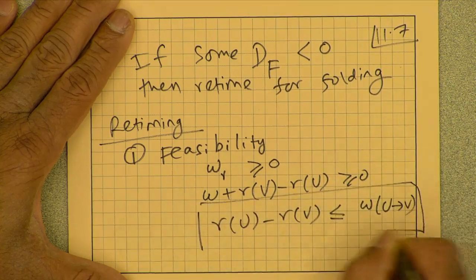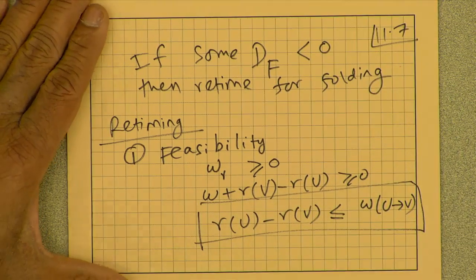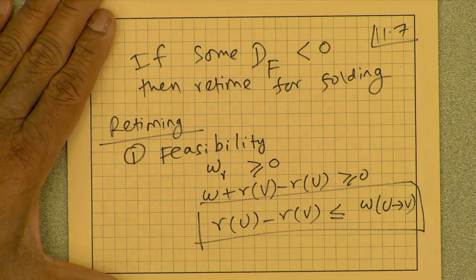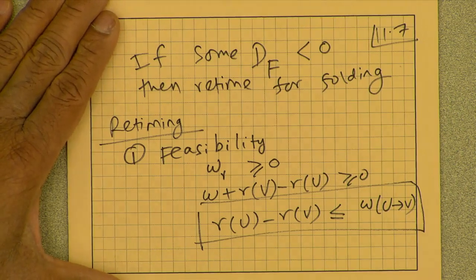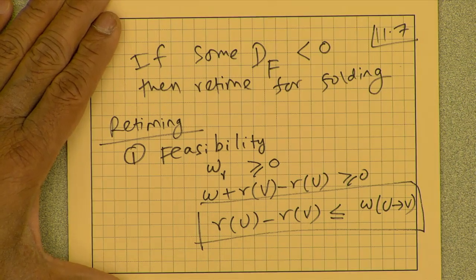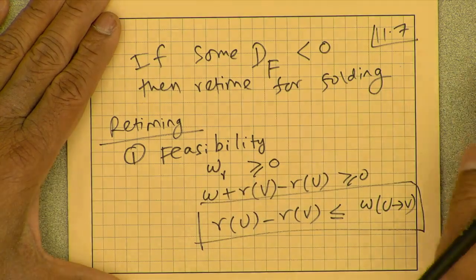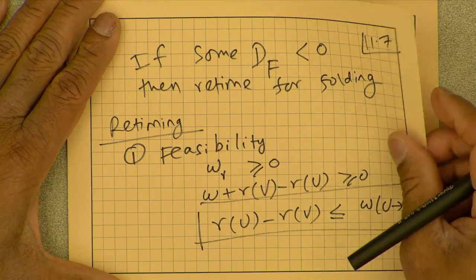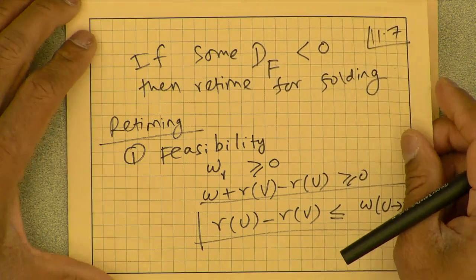So the first constraint, the feasibility constraint, is exactly the same. In the critical path constraint, for a given path with delay greater than C, we guaranteed WR to be greater than or equal to 1. But that's not what we are doing now.